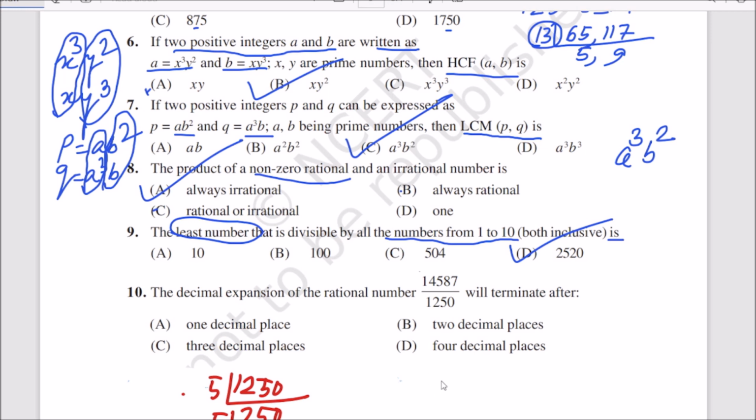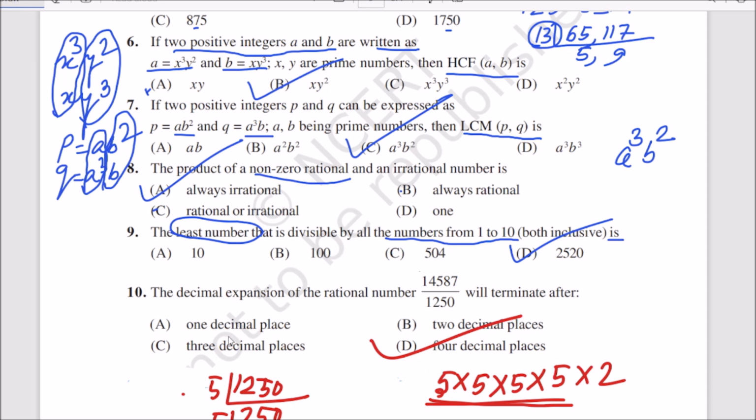So there are four 5's and one 2. That means it can be made into 4 tens. So it will terminate after 4 decimal places. 4 decimal places will be the answer.